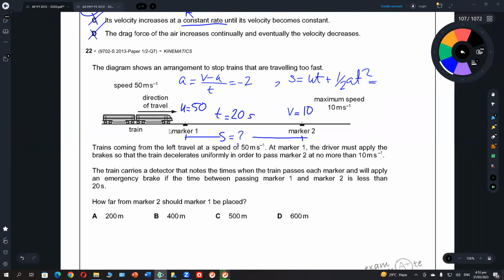Okay, then put -2 in the second equation. So 600 meters is coming by this. 600 meters. So then the option would be D.